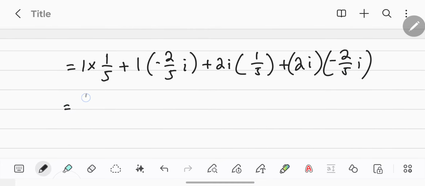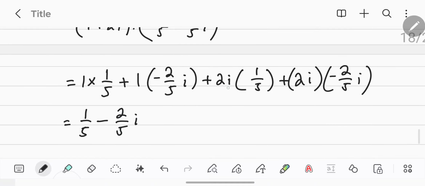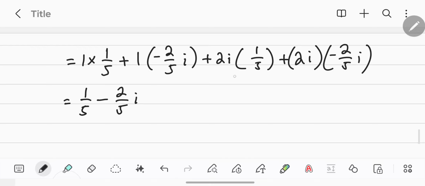Okay, 1 times 1 by 5 is 1 by 5. This is negative 2 by 5 iota. So 1 times negative 2 by 5 is negative 2 by 5, and iota as it is, plus 2 iota times 1 is 2 iota divided by 5, right?